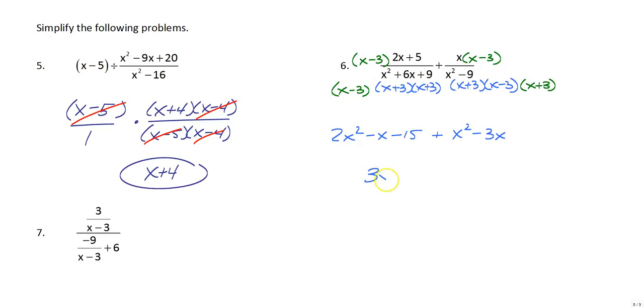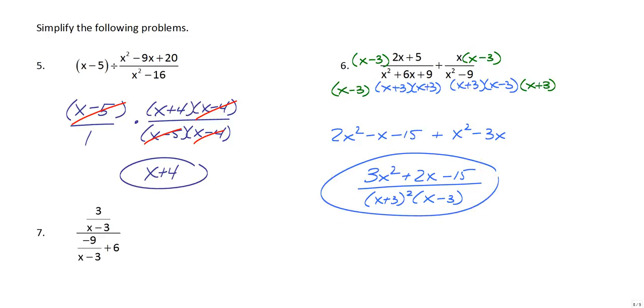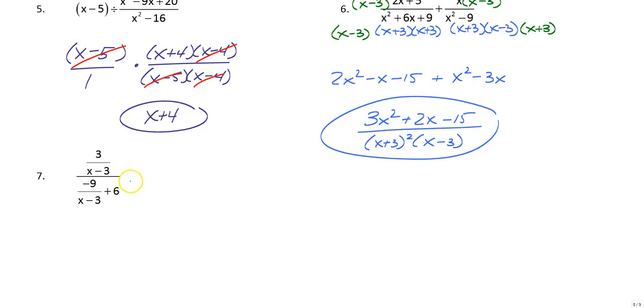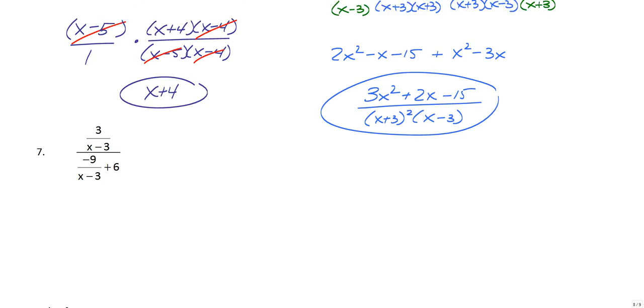So that would give us 3x squared plus 2x minus 15 all over our common denominator of an x plus 3 quantity squared and an x minus 3. Yes, you can write x plus 3 twice if it makes you feel better. You always need to check to see if that could be factored. In this case, it cannot be. So we're good to go for that problem. If it could be factored on the top, you would. Don't forget.